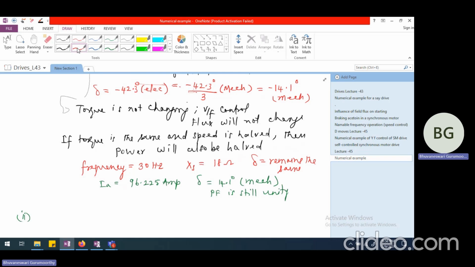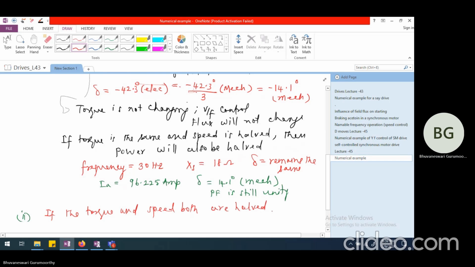So the second subdivision that is being asked is: if the torque and speed both are halved with excitation remaining the same, calculate Ia, delta, and power factor.